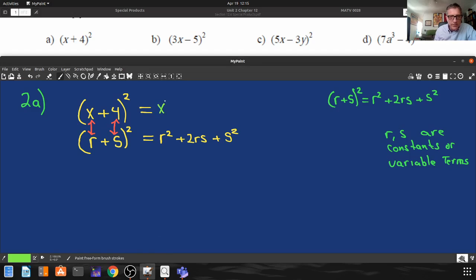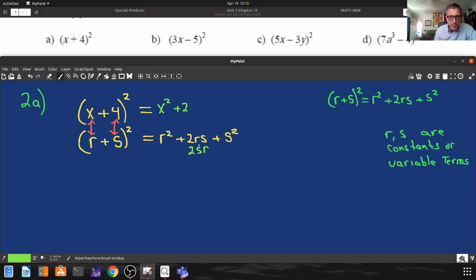this is x squared plus 2. And here, if your r or your s is a constant term, you grab that one first, because this is the same as 2sr, because this is all multiplication, and the factors can be moved around.